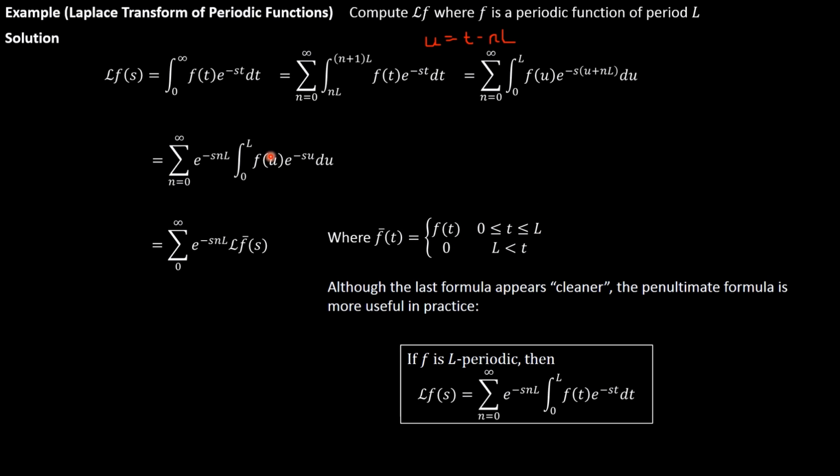And then the geometric series formula allows us to rewrite this as this. However, although the last formula is clean looking, this formula is actually better. Again, series are usually a better way to express Laplace transforms.